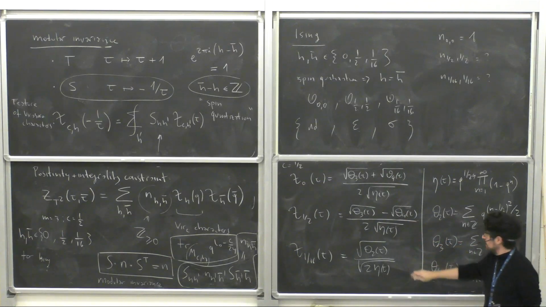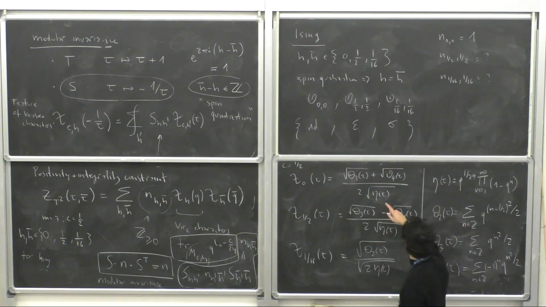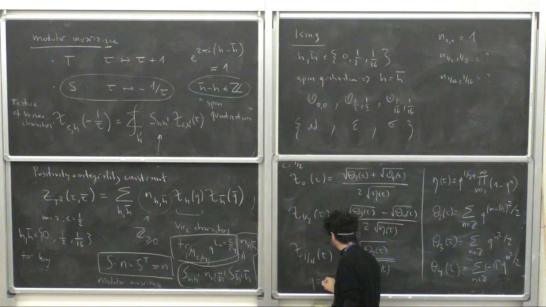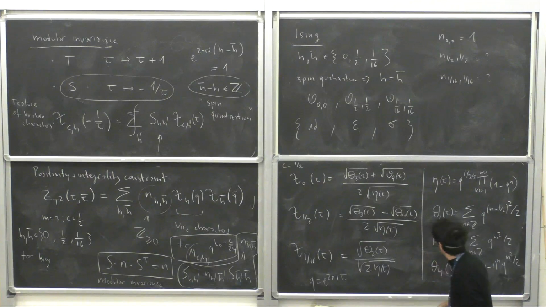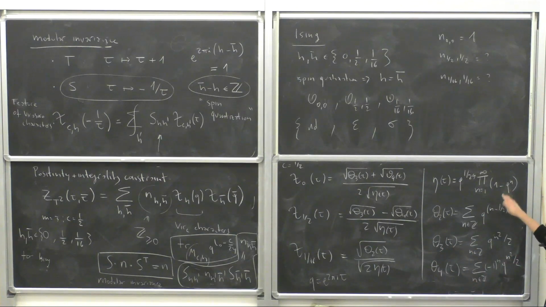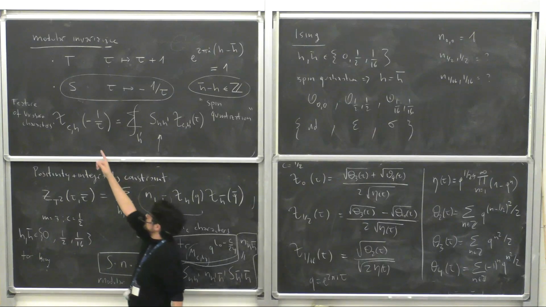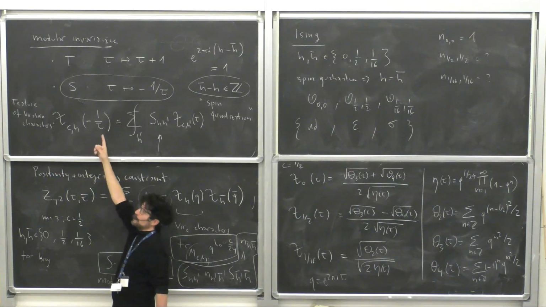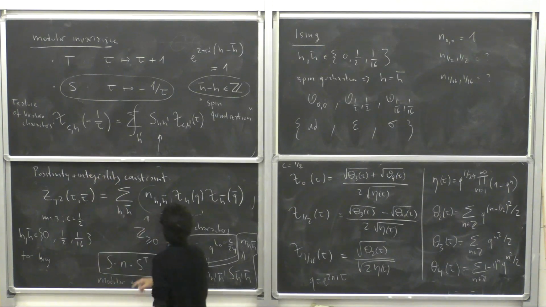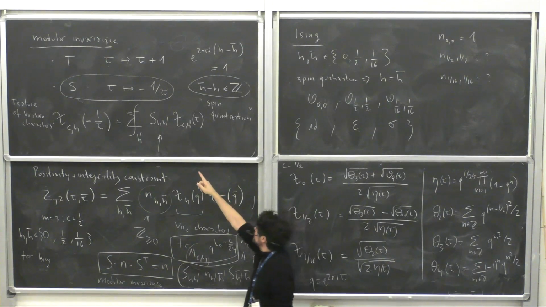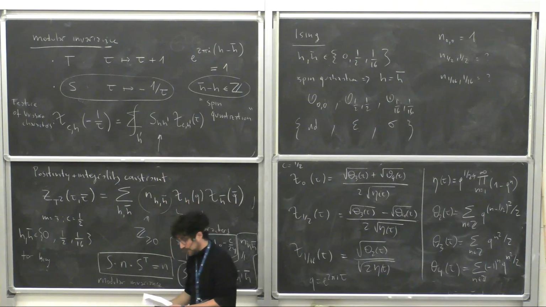Now, q here is e to the 2 pi i tau. And one can explicitly, by playing with the modular forms in these expressions, implement this transformation, compute chi of minus 1 over tau, and determine explicitly the value of the S transformation here for the Ising model.